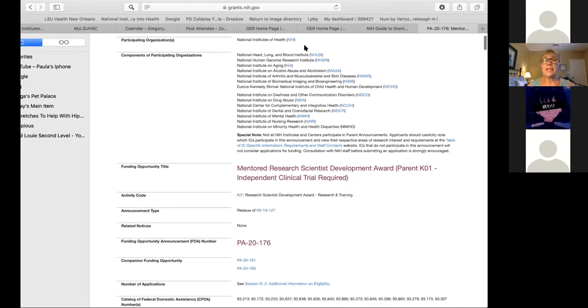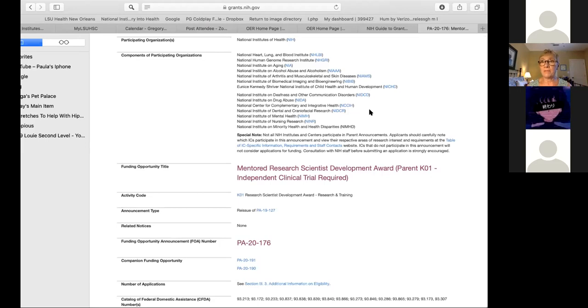Now, in this announcement, one of the things that they will suggest you do is go to this table of contacts. Once you've decided on an institute, make sure you go to that table, because what the table tells you is any things that are unique to that institute for that K. I cannot say it enough. Every institute handles the K awards a little bit differently. They have slightly different rules about things.